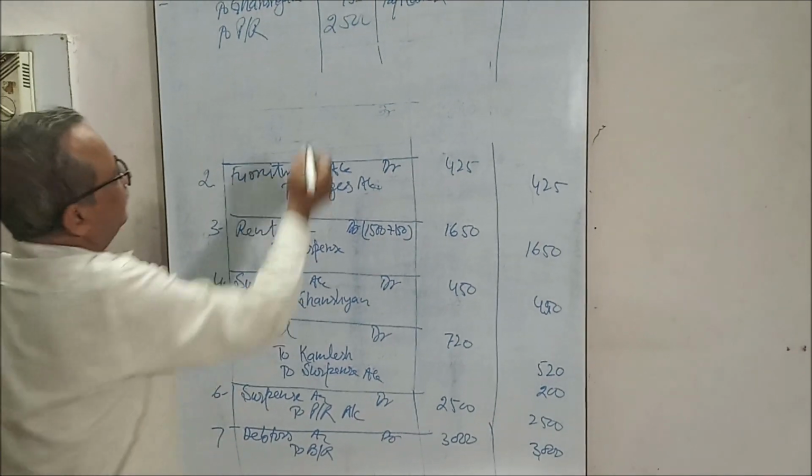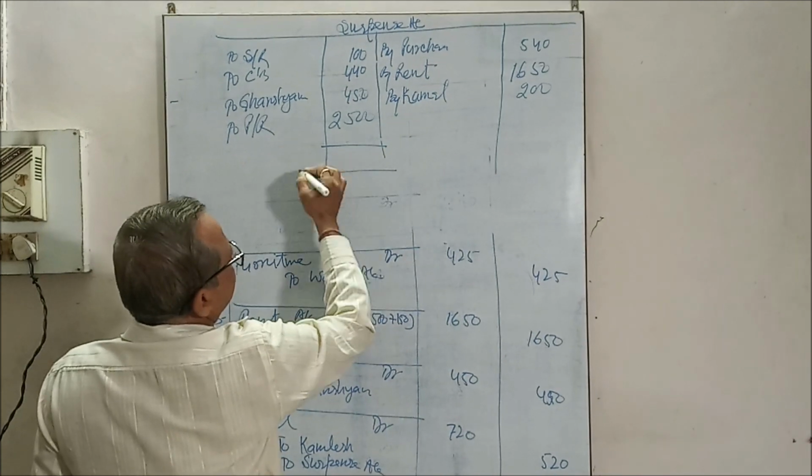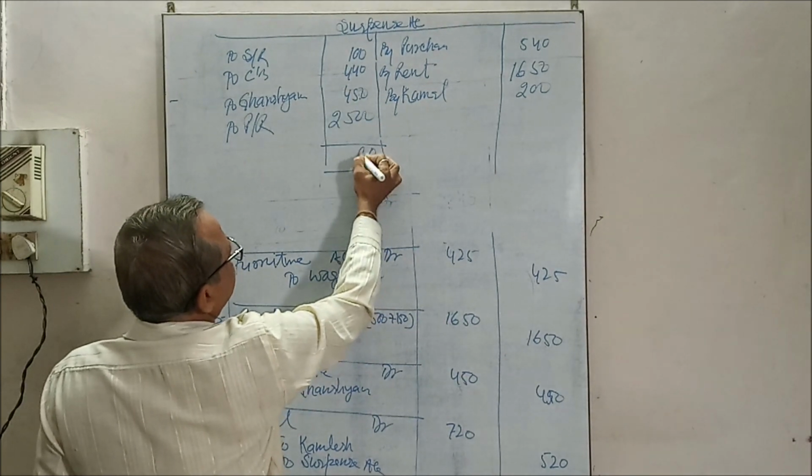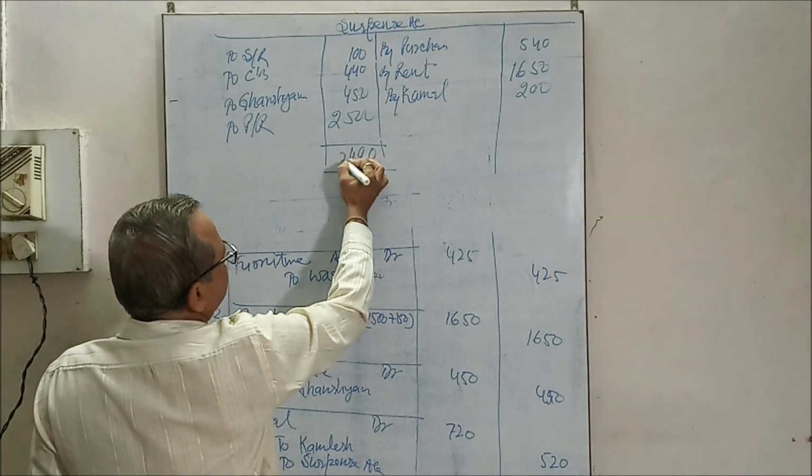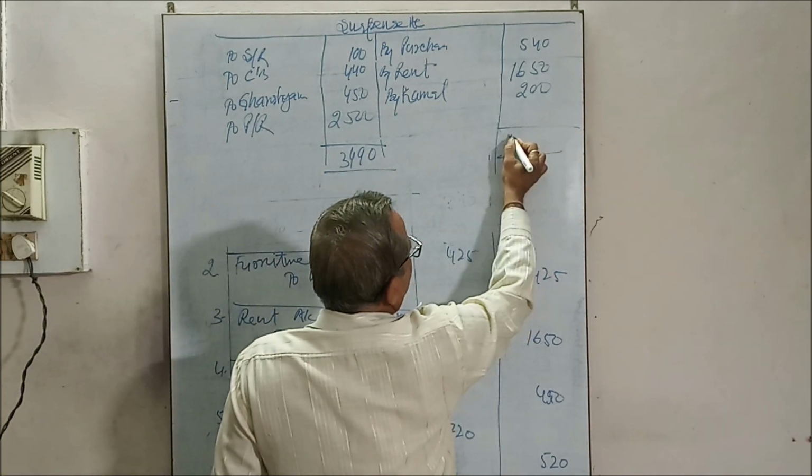No other items are there. So total it, this side is more, 3490.